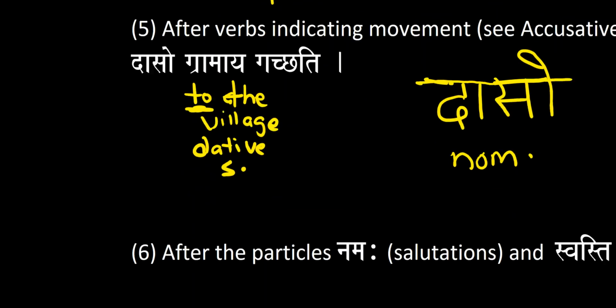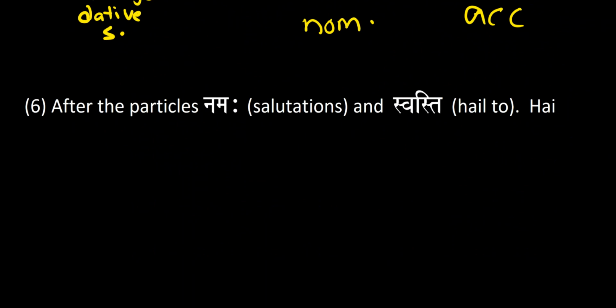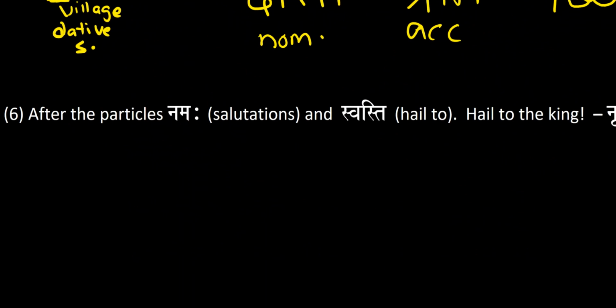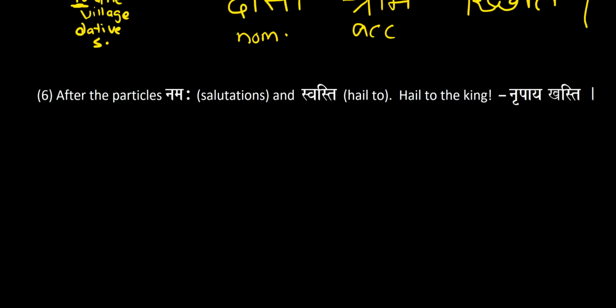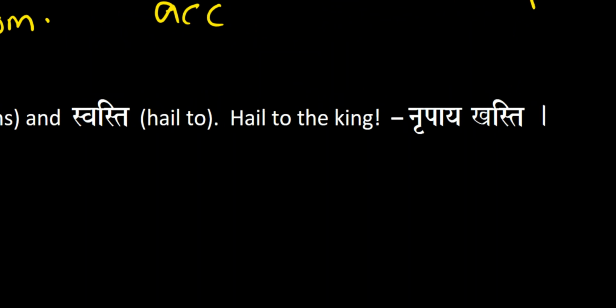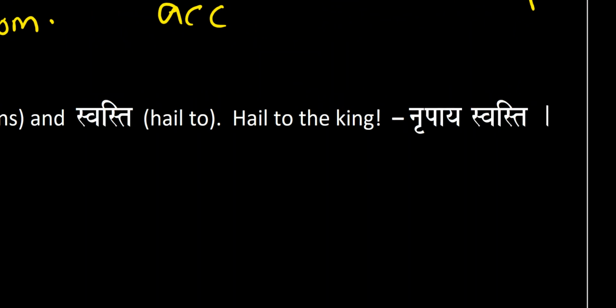And then our last example, we have after. The dative case is also used after the particles namaha, which means salutations, and swasti, which means hail to. So hail to the king. Nripaya swasti.